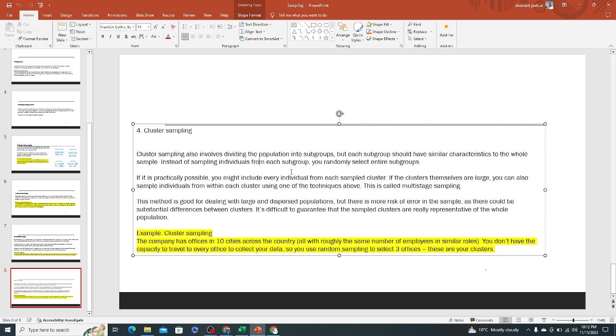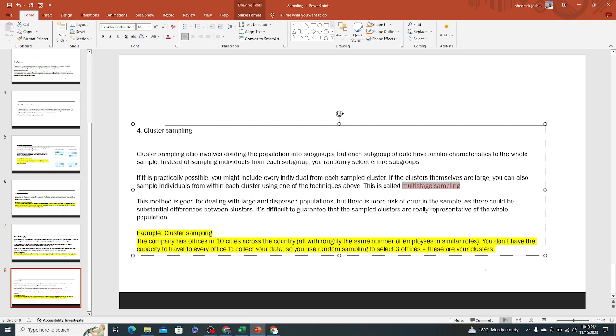So if it is practically possible, you might include every individual from each sample cluster. If the clusters themselves are large, you can also sample individuals within each cluster using one of the techniques above. This is called multi-stage sampling.